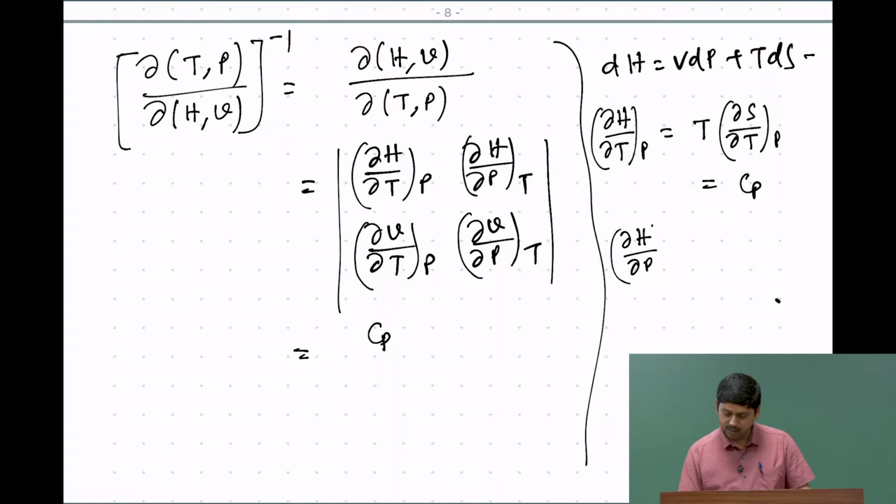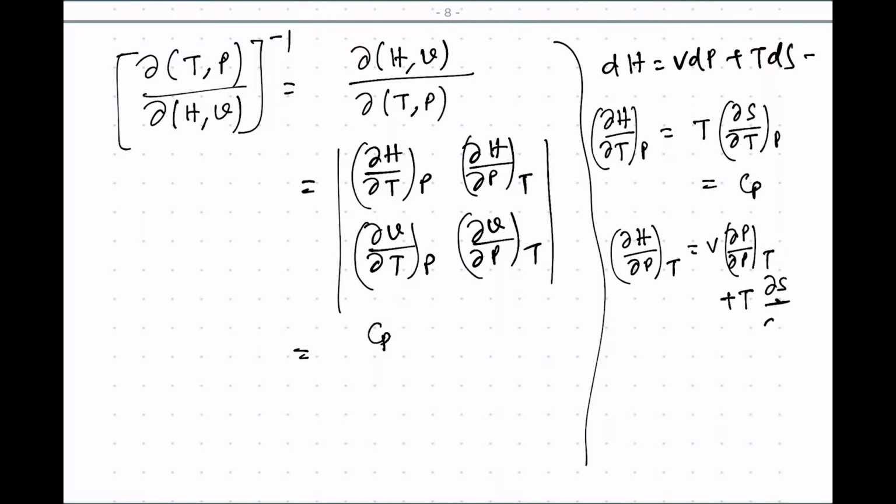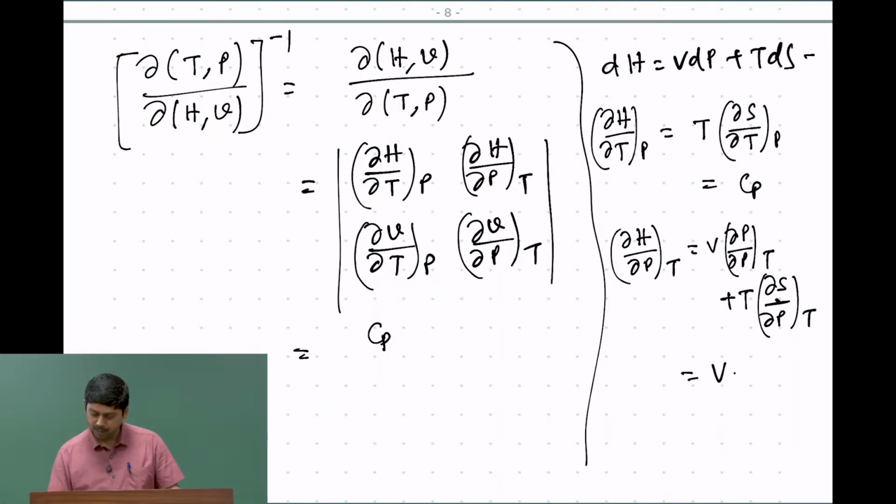at a constant T: the first term is giving us V del P by del P at a constant T, which will be 1, so V only, plus T del S by del P at a constant T. So, now V plus T del S by del P at a constant T, we have to use the Maxwell relation.